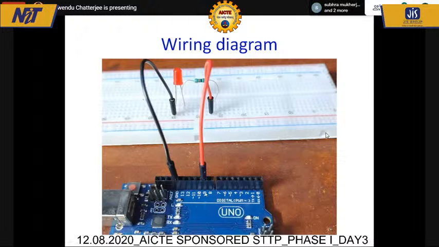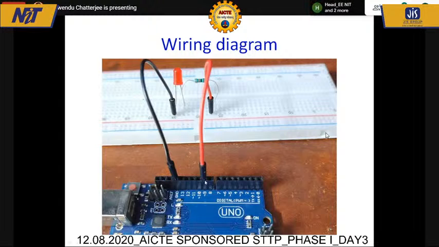Now see, this is pin number 9, the same pin. I have connected the positive terminal of the LED through this 1 kilo ohm resistance. The ground pin is connected to the negative pin of the LED. Simple circuit.